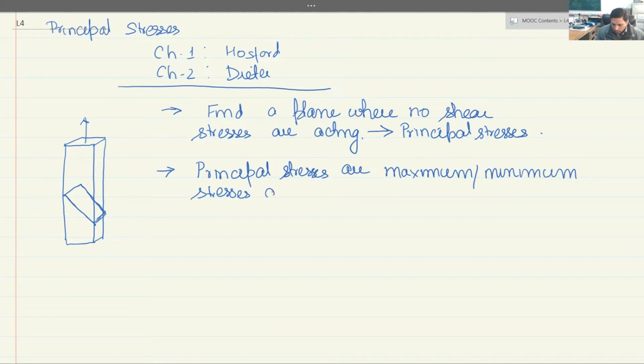If you look at a particular system, there will be different amounts of normal stresses on various planes, and a certain plane will have the maximum normal stress. That value of normal stress would be called the principal stress. In that plane you will have no shear stresses, and those planes are called principal planes.